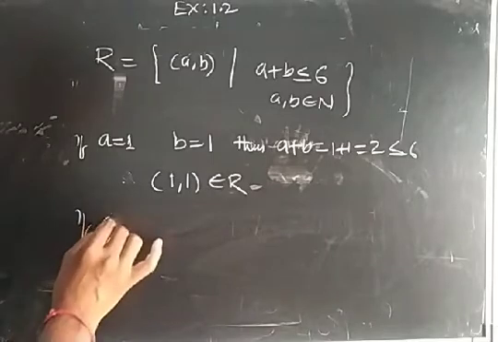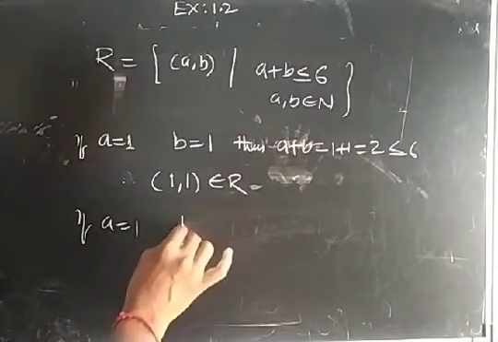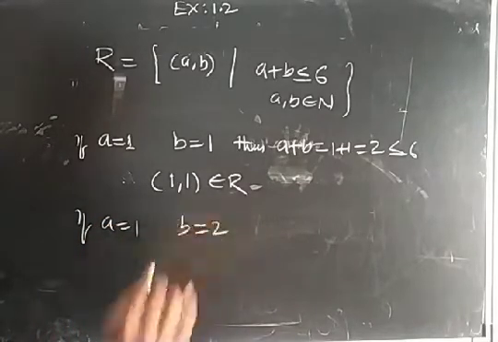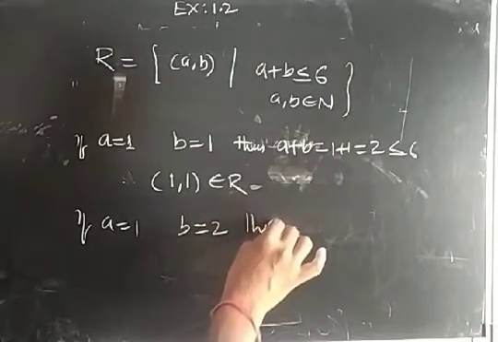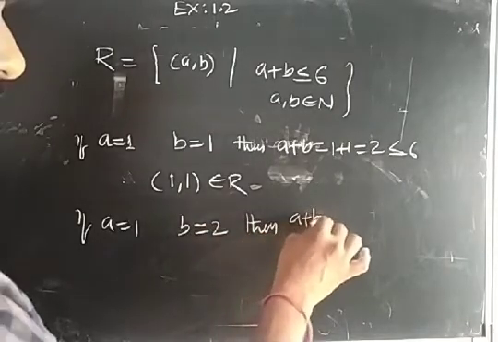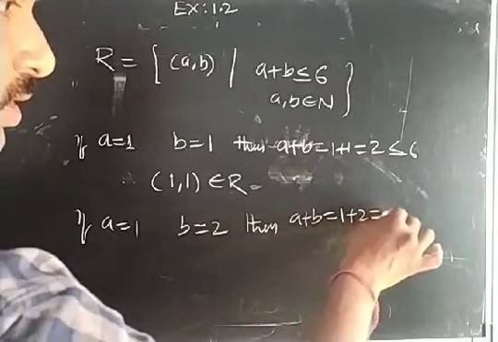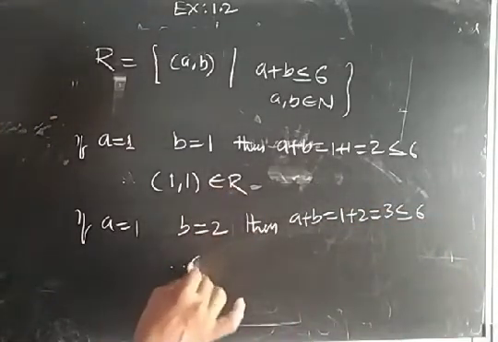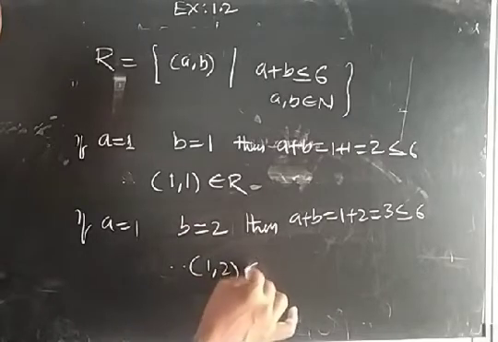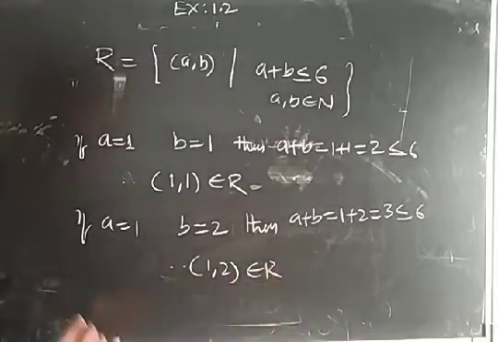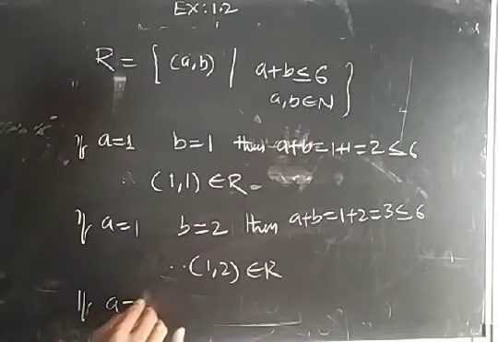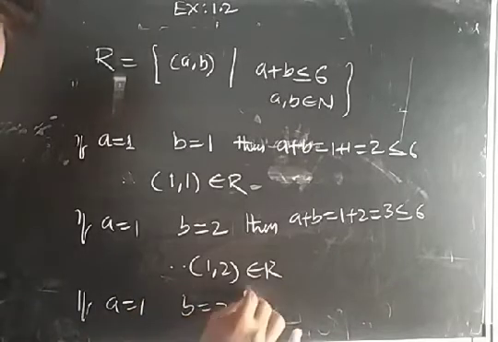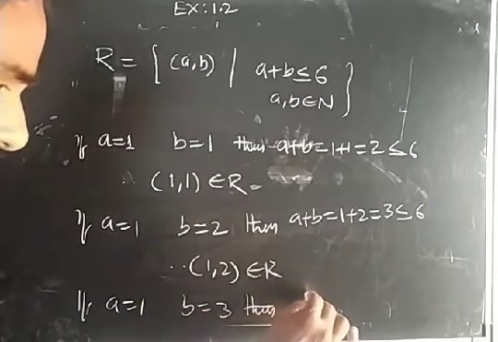Again, keep A equal to 1 and change the B value, B equal to 2. Again check the condition. A plus B, 1 plus 2, is 3. Again it is less than or equal to 6. Yes, it is satisfying. So we can take this ordered pair also in R. Next, if A equal to 1, B equal to 3, then again check the condition.